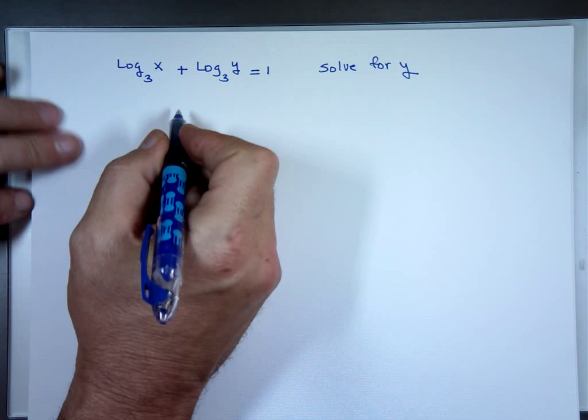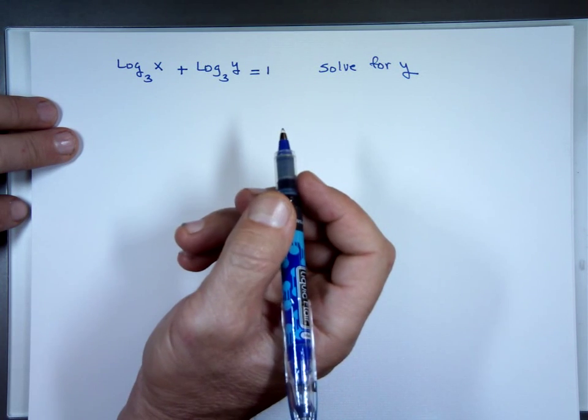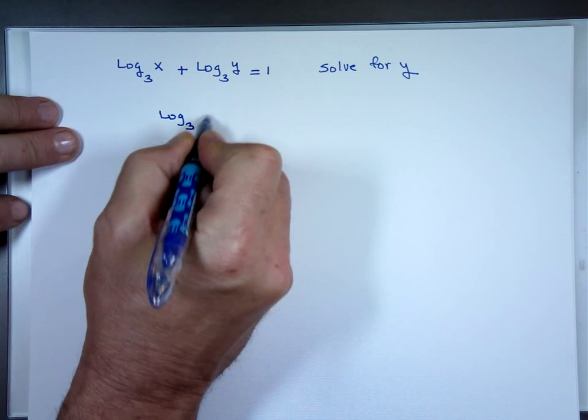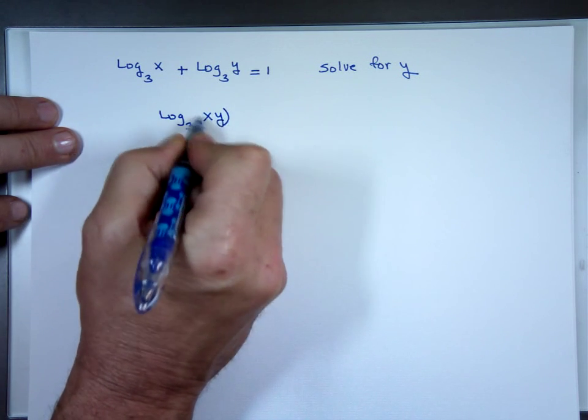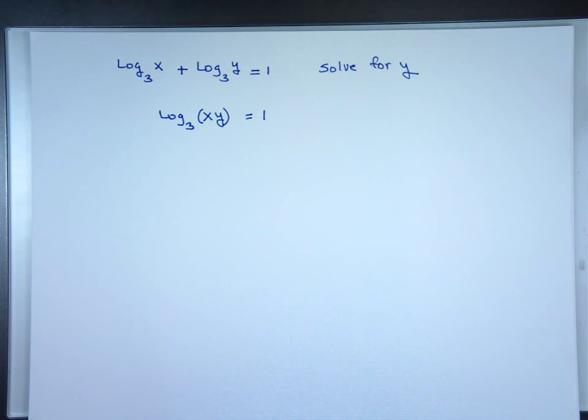What do you see? You see addition? So it used to be what? Multiplication. Now, how are we going to solve this? I need to solve it for y.